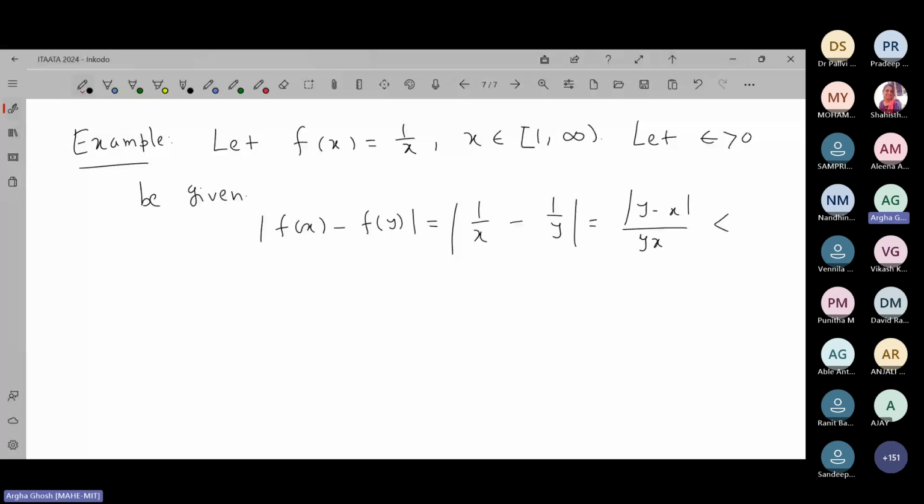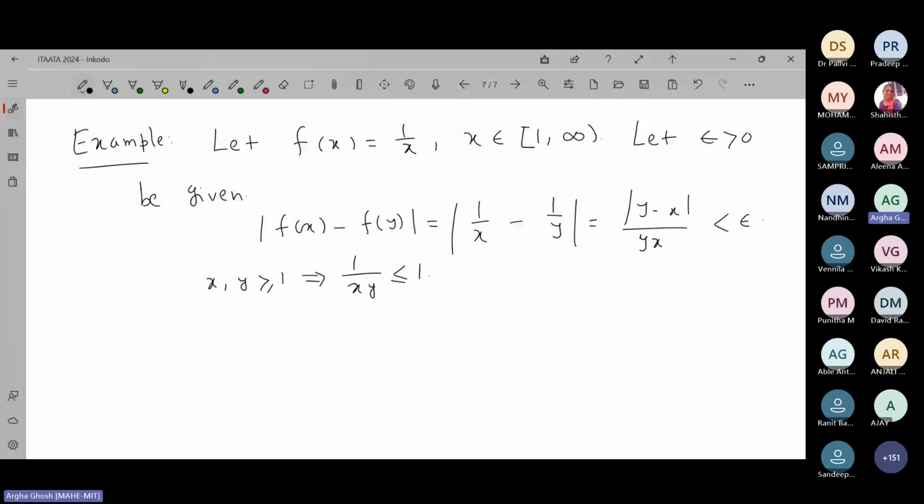Now look over here, because x, y both are greater than or equal to 1. So 1 by xy should be less than or equal to 1, correct? So both x, y greater than or equal to 1 implies that 1 by xy is less than or equal to 1. Correct?